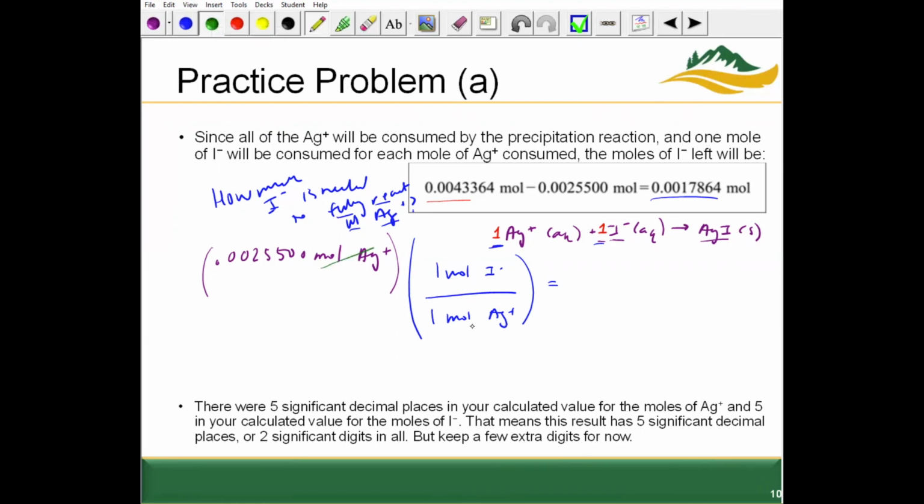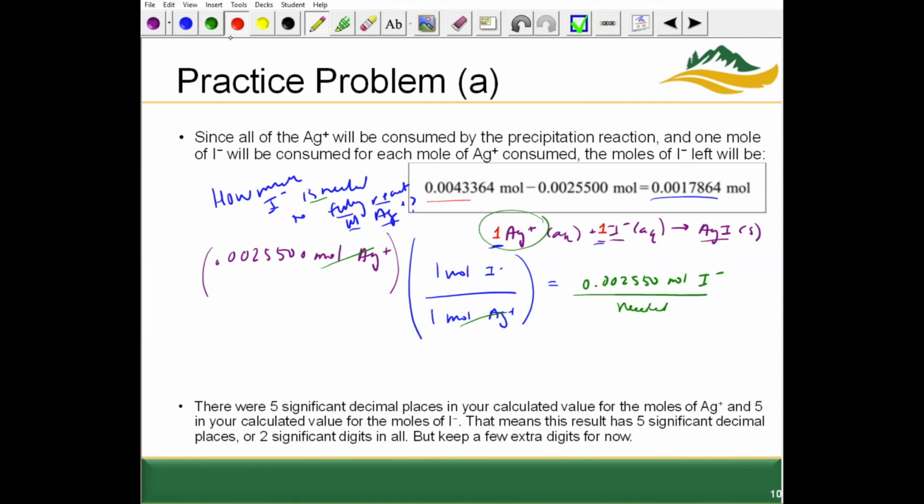Moles of Ag plus cancel out, so that means how much I minus is needed to fully react with the silver plus. That is 0.002550 moles of I minus. So this many moles of I minus are needed to fully react with our starting amount of silver.